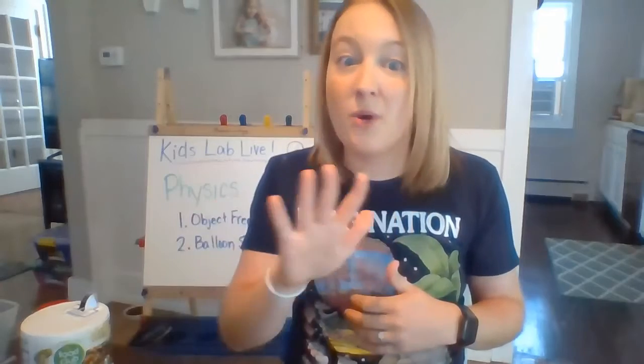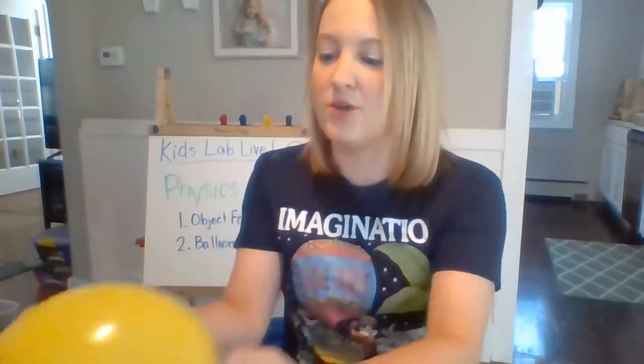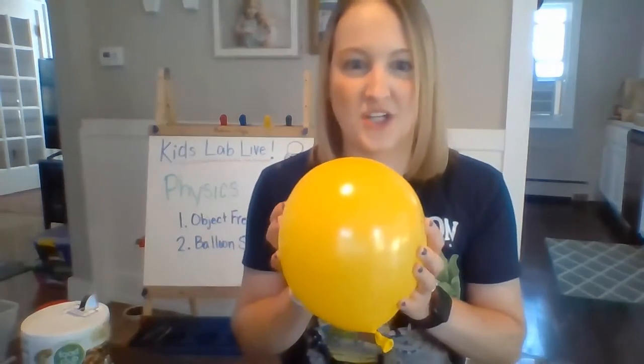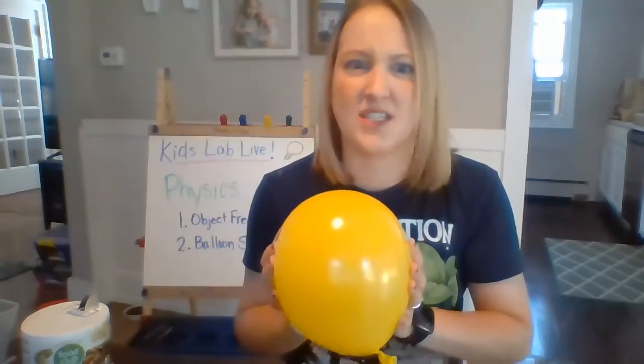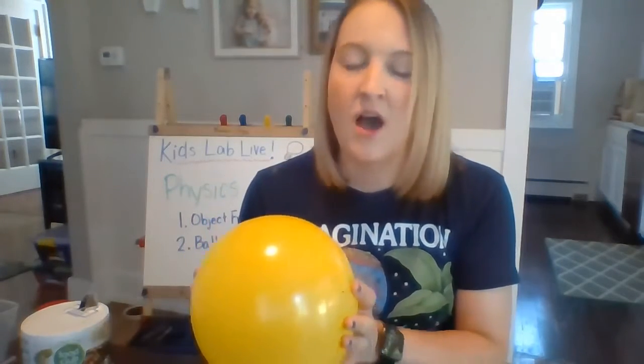So, before we go any further, I want you to blow up a balloon, touch it in your hand, look at it really closely, and in your journal, I want you to write down your hypothesis or your prediction of what you think might happen if you rubbed the balloon against something and then held it over an object on a piece of paper.